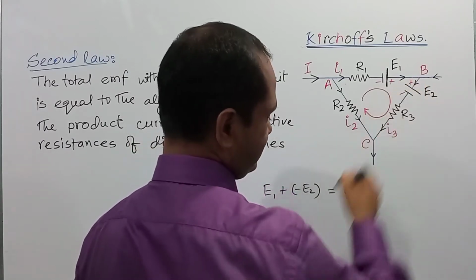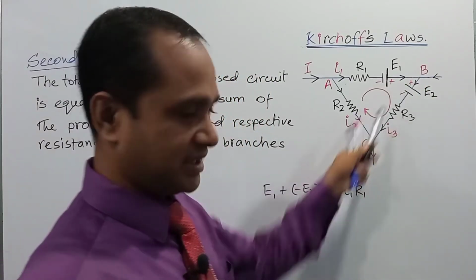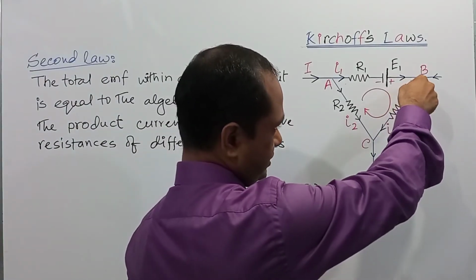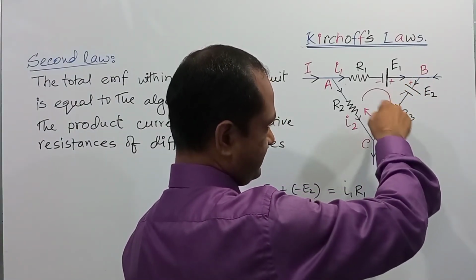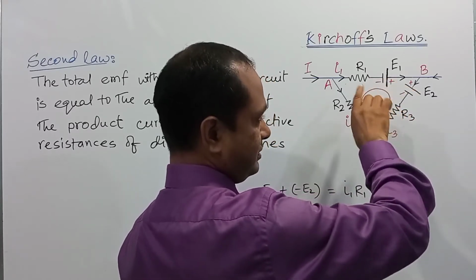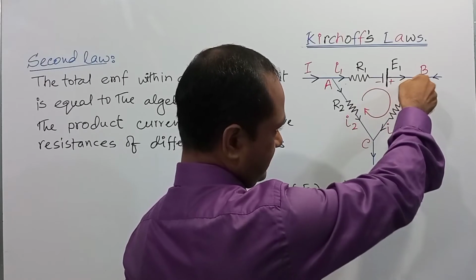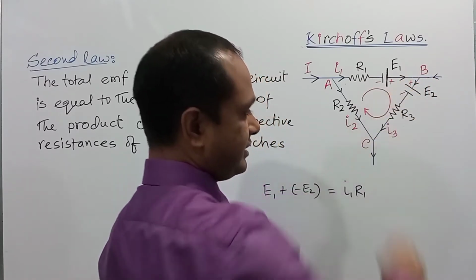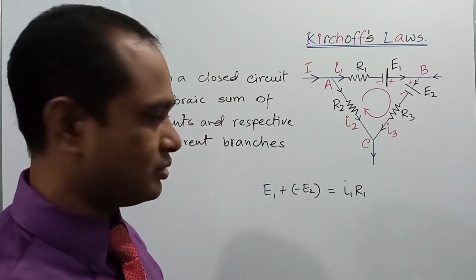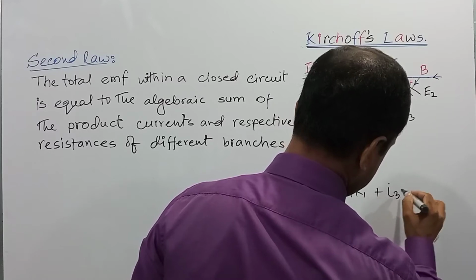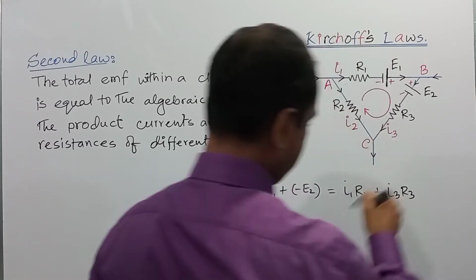Then if we consider the current in the BC branch, here the direction of the current is also clockwise, following the direction of the clock indicator. So the current in the second branch is also clockwise, so it will also be positive: plus I3 R3.